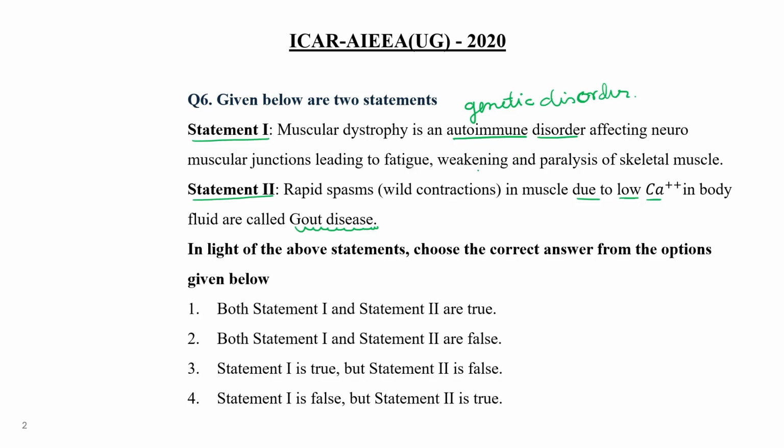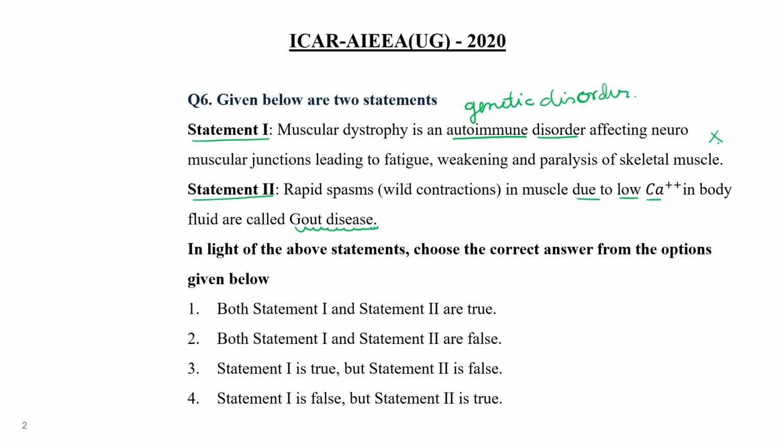Yes, in this the weakening of our muscular system occurs, and that particular person feels, in fact, paralysis can also happen in some individuals. These persons suffer from difficulty walking and feel difficulty in doing any kind of activity, but it is not an autoimmune disease, right? So this statement is wrong.